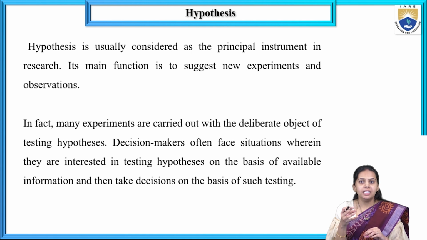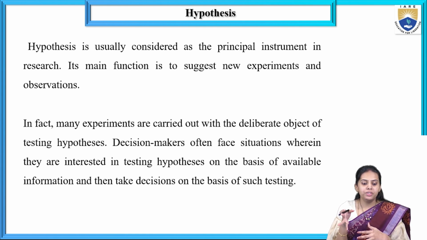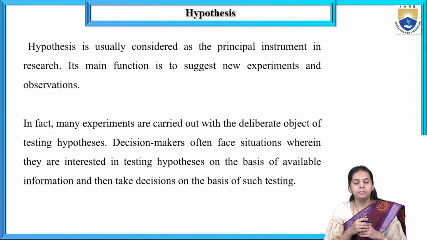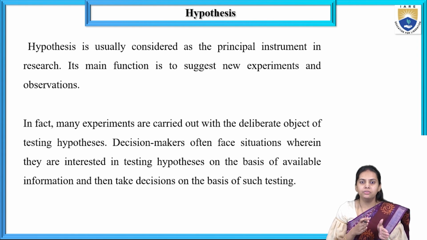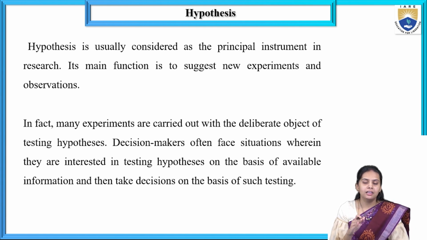In fact, many experiments are carried out with the deliberate objective of testing a hypothesis. Decision makers often face situations wherein they are interested in testing hypotheses on the basis of available information and then take decisions on the basis of such testing.